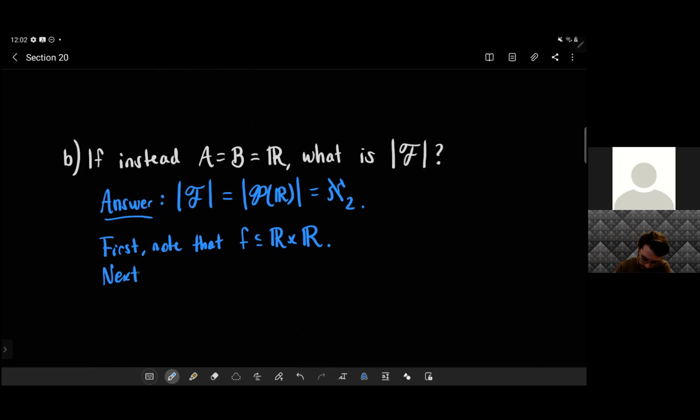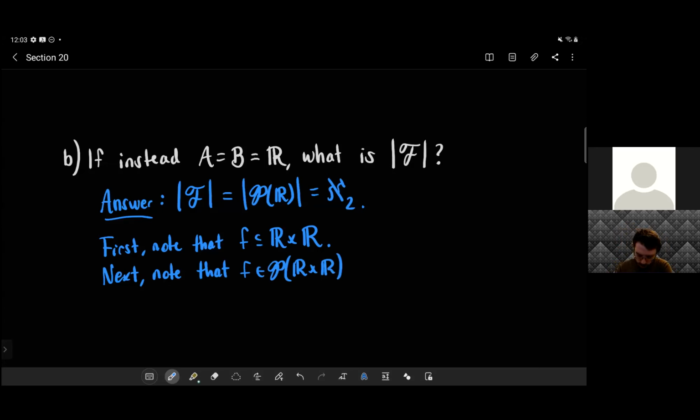Next. Note that. Well, what does this mean? I guess we could say a couple things. The first of which is probably going to seem like it comes out of the blue, but if you're a subset of something, you could also say you're an element of the power set of that thing. We know those two things are equivalent.